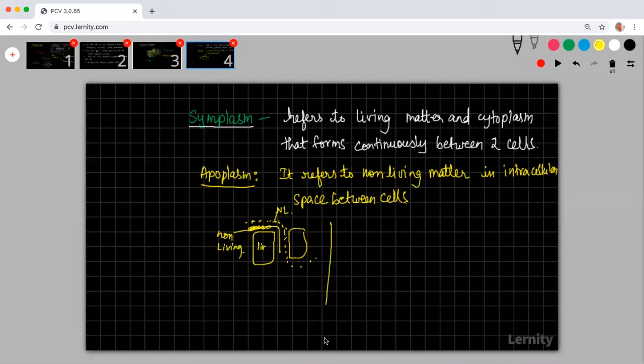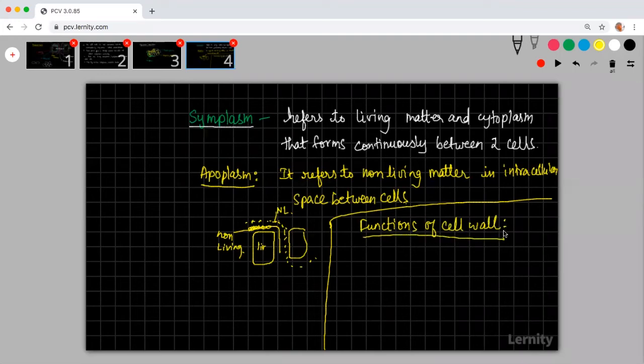Coming to the functions of cell wall. What are the functions of cell wall? It gives mechanical strength. It offers rigidity.